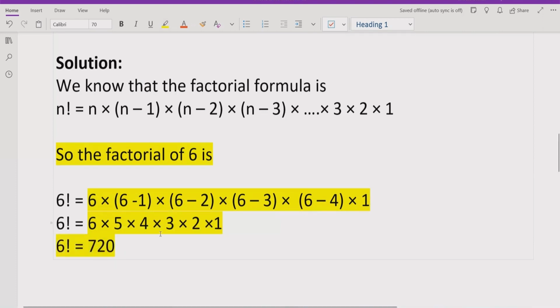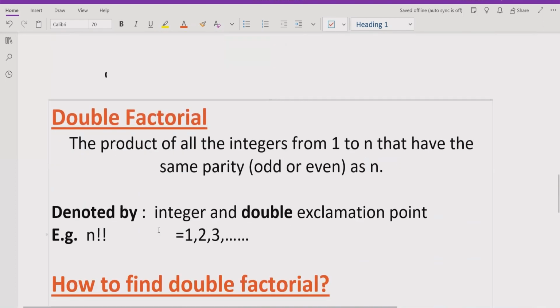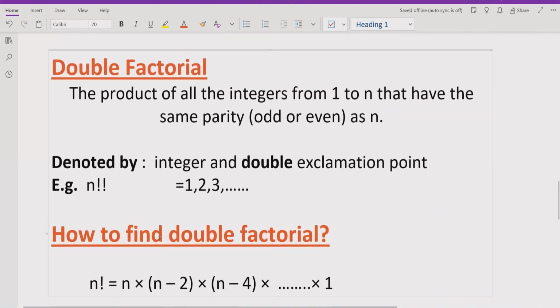Now, we have to find out what the double factorial is. As you can see on the screen, in factorial you take the product of all integers which are less than or equal to that number. But in the double factorial, you find the product of all integers from 1 to n that have the same parity.